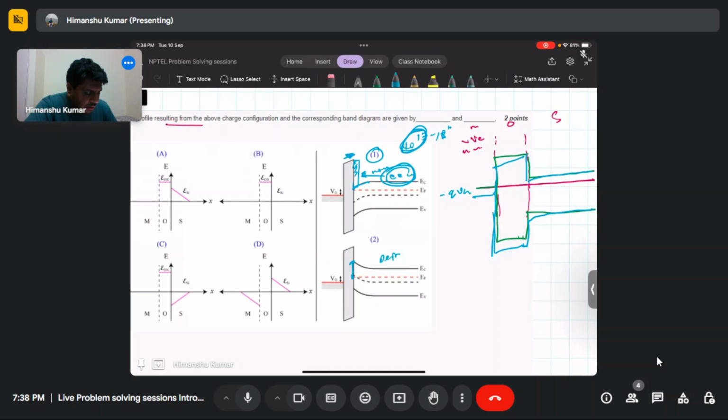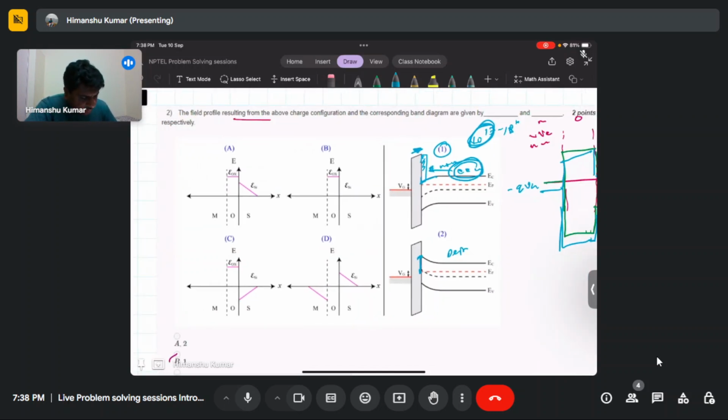Depending on this concept, the field in the oxide will be there, and the field in the silicon won't be there because there is no depletion. If you apply Gauss law, field will only exist if you have non-zero charge density in the substrate. If you assume the substrate is quasi-neutral, then charge density is zero, so the field is zero or constant.